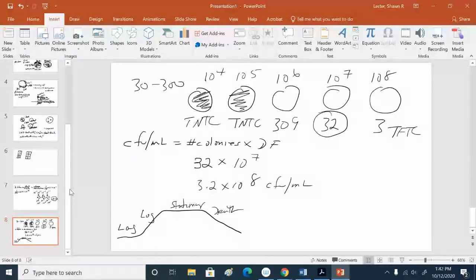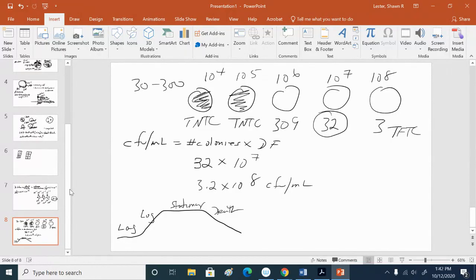All right, the growth curve. Under ideal conditions, the bacteria can reproduce very quickly and reach stationary phase in about 8 hours. And then not long after that, they'll start dying off.